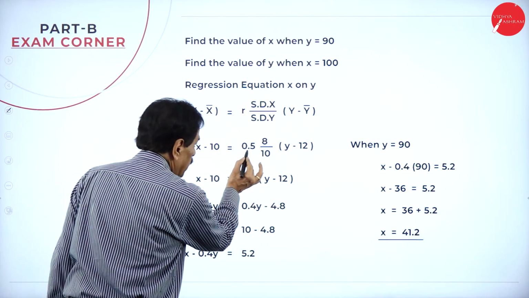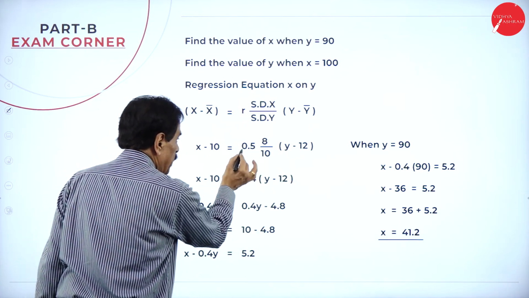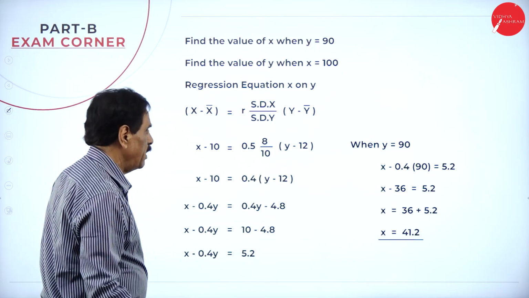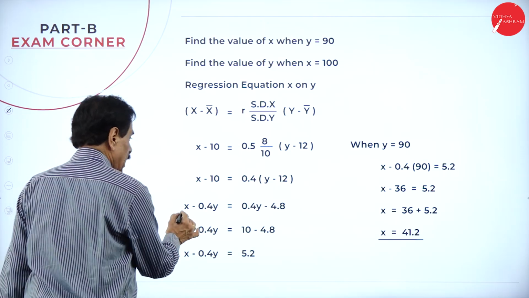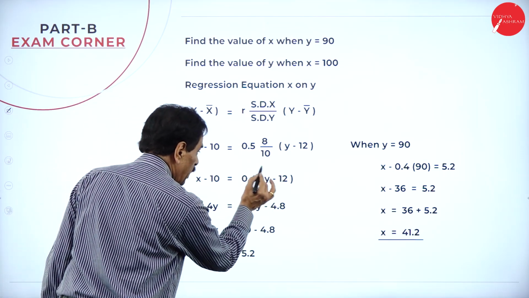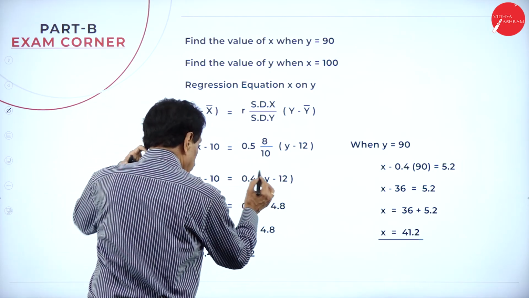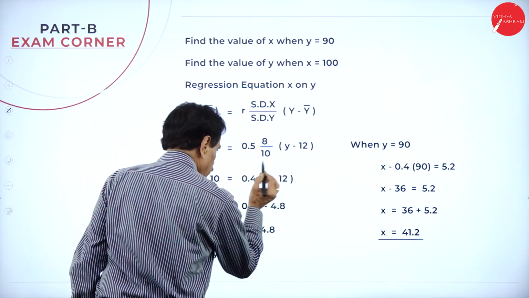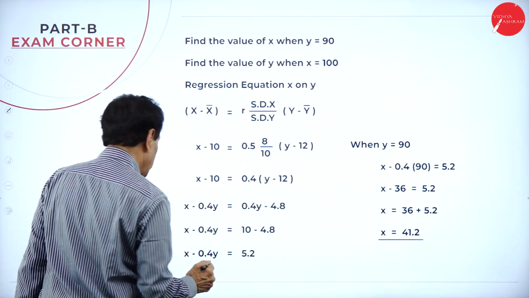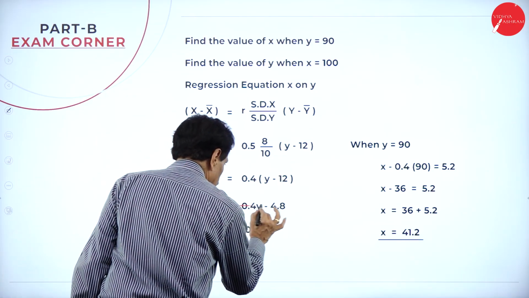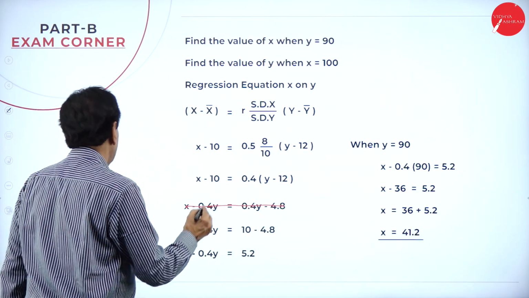X minus 10, r is 0.5, times 8 divided by 2. If we simplify, X minus 10 is 0.5 times 4, which is 0.4, into Y minus 12. So X minus 0.4Y, this is 4.8.